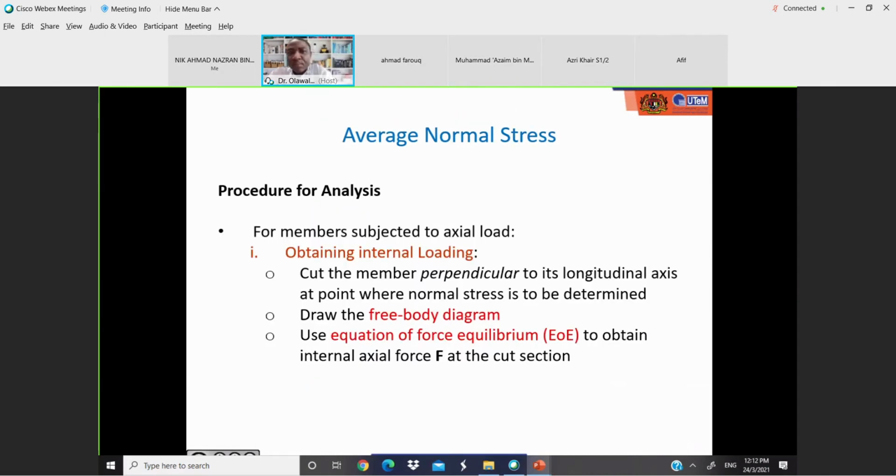So then, very quickly, procedure for analysis. Number one, remember, your stress is equal to force over area. So the first thing you need to do is calculate your force. You need to obtain the internal forces acting on the body. What are the forces acting? You need to be able to calculate. And for you to do this, you need to cut the member perpendicular to its longitudinal axis at the point where you want to determine the normal stress.